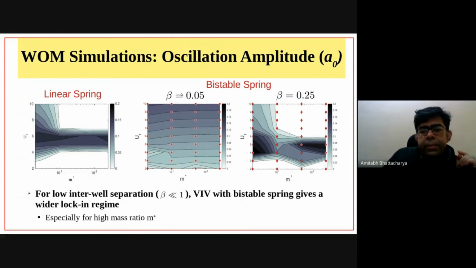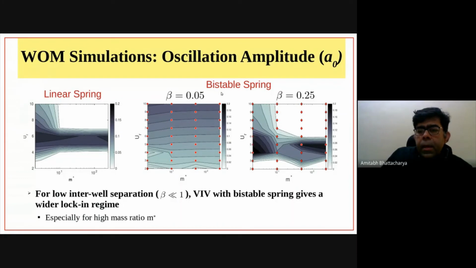Now, when you go for bistable springs, if your beta is small, the amplitude of oscillation can be large over a fairly large range in reduced velocity, and it in fact seems to go up with reduced velocity.